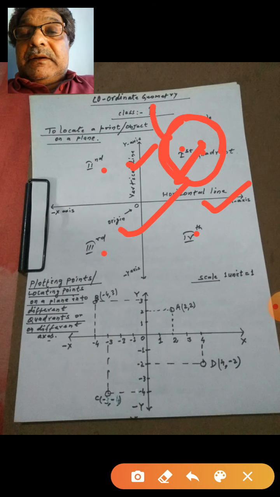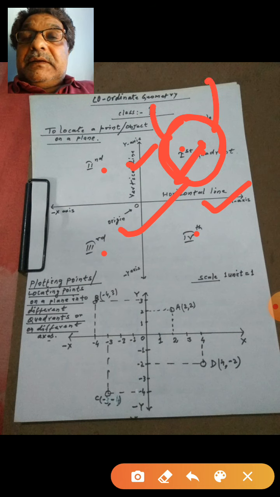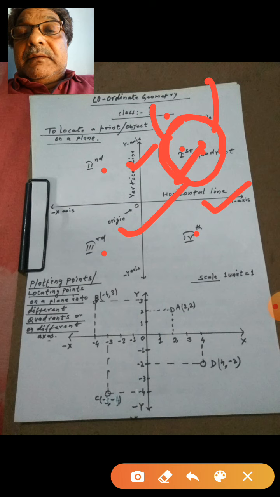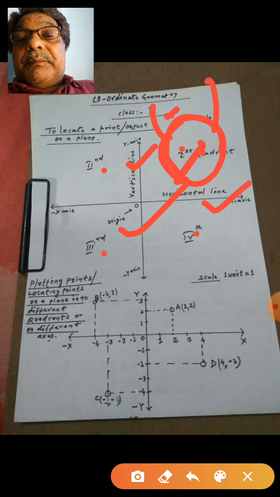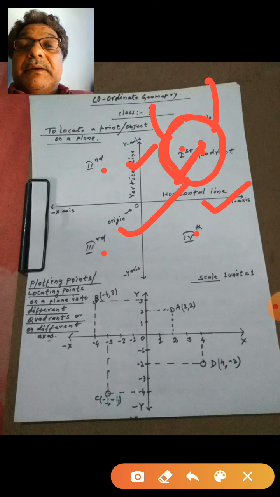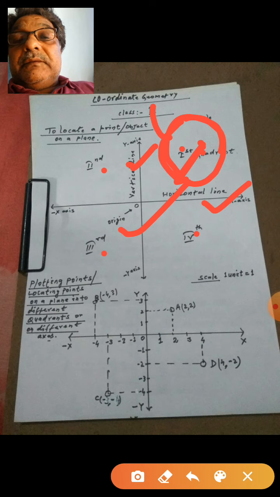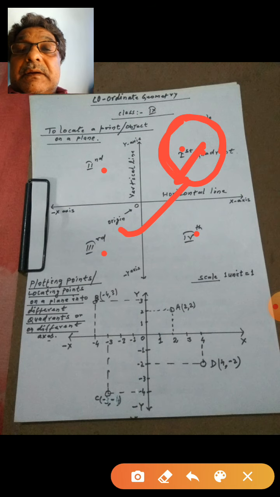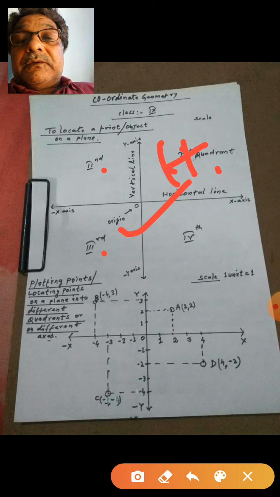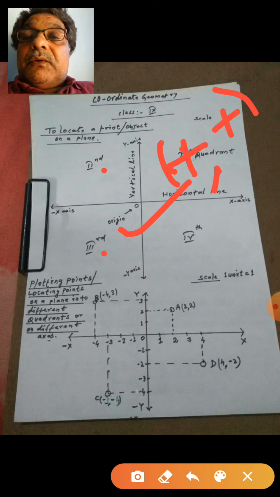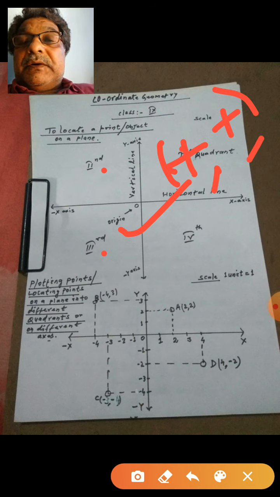So the signs will be x plus, comma, y plus. All these points will belong to the first quadrant.